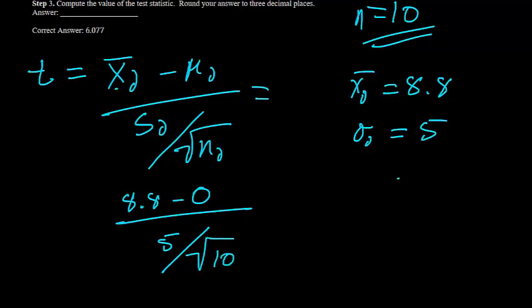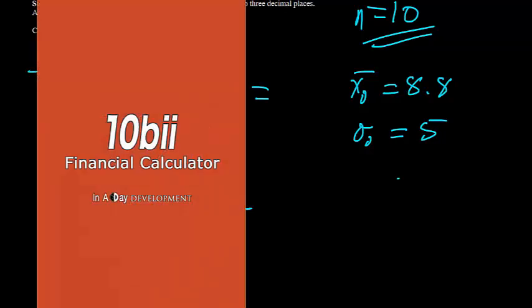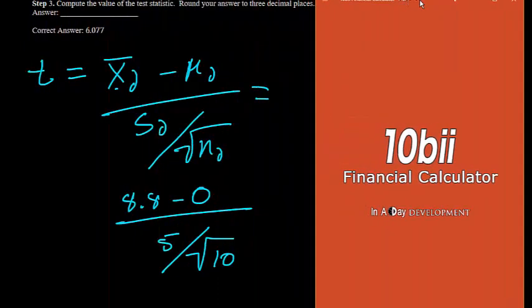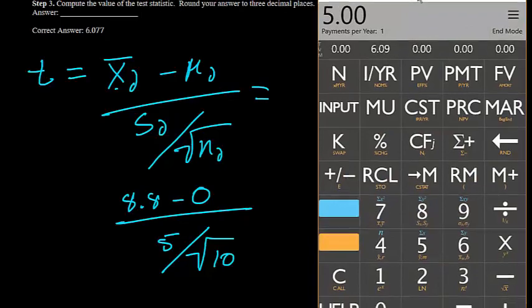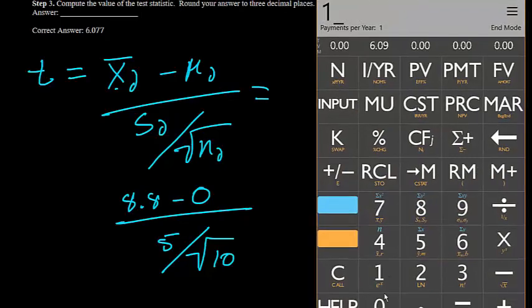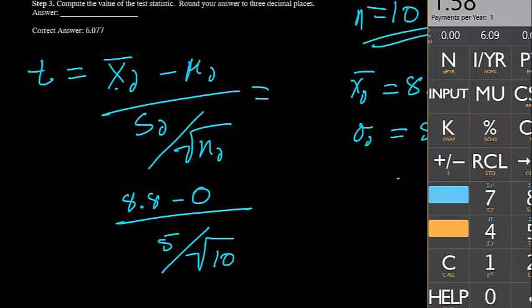What is the square root of 10? Let me get my fancy app calculator. Oh, it closed. I have to pay like $7 for this. Come on, fancy calculator. There you are. The square root of 10 is 3.16. I'm going to put that in memory. I take 5 divided by 3.16, and I get 1.58.